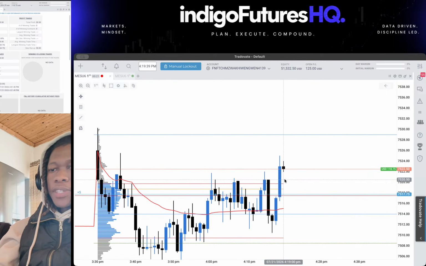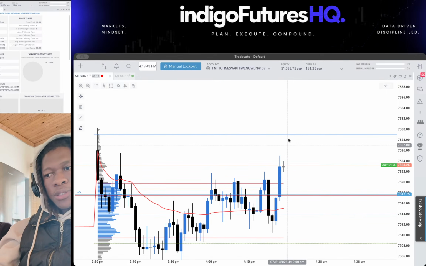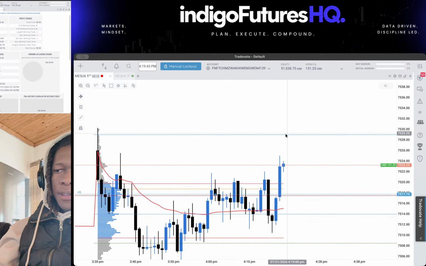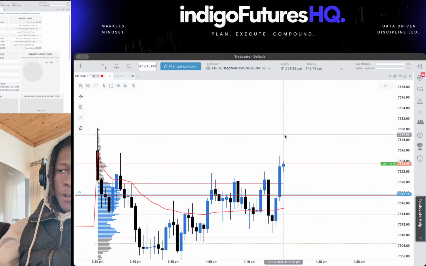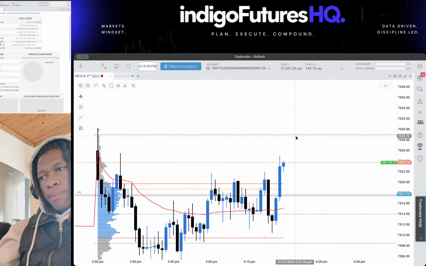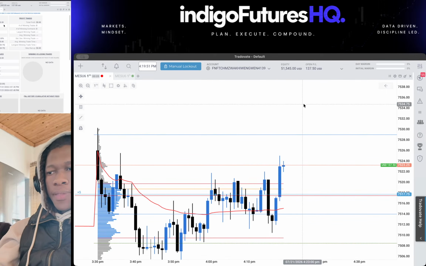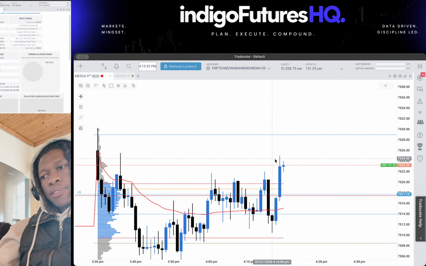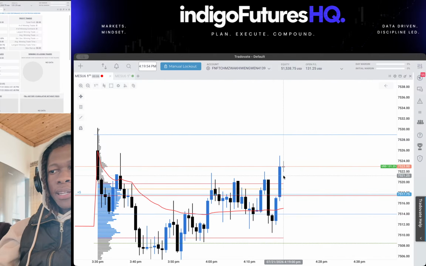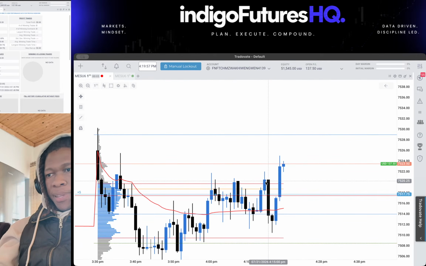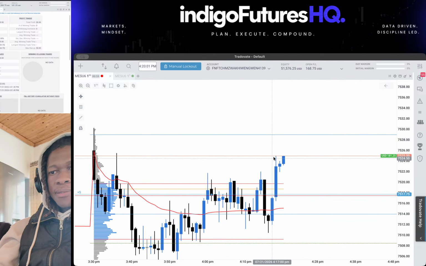Even if it doesn't come all the way back and just continues, then cool. But at whatever level, even if we get to the overnight value area high, break outside, come back, retest, and then see buyers stepping in again. If we see sellers stepping in here and sellers stepping in here as they did here, means that these buyers aren't strong, are they?